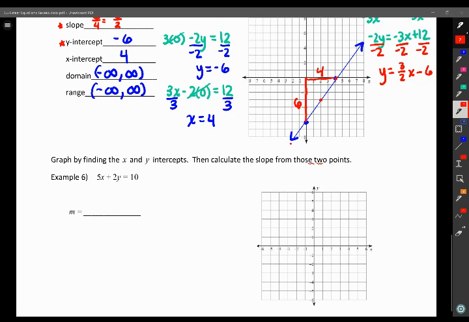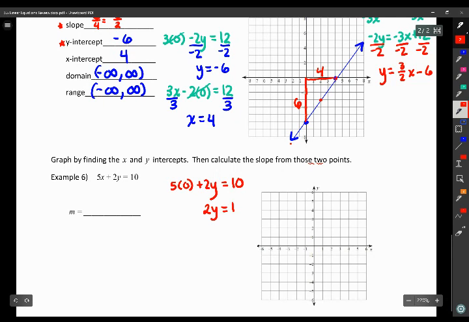We're going to have x be 0, and we're going to have y be 0 and solve. And so if we have x be 0, then we get 2y is equal to 10, because this goes away. We divide both sides by 2, so we get y is equal to 5, and we're going to just put a dot at positive 5.